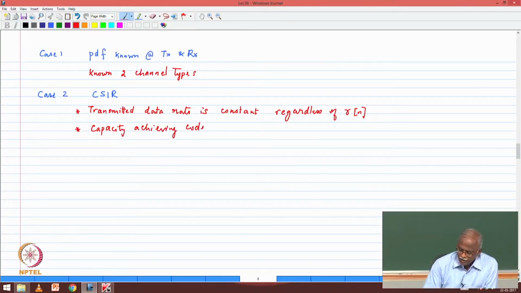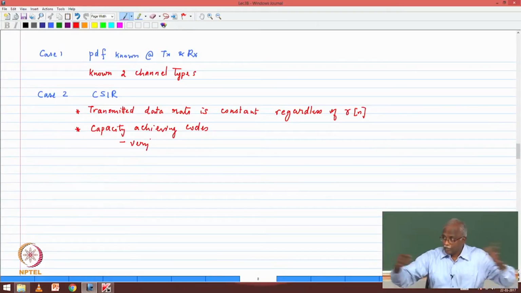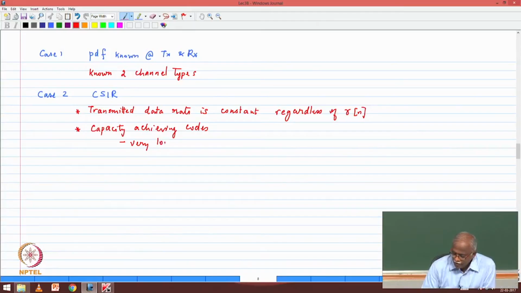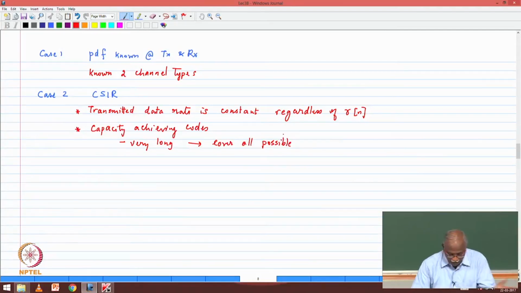Capacity achieving codes are very long, because they have to be long enough to cover all the possible fading states, all the way from very bad channel conditions to very good channel conditions.